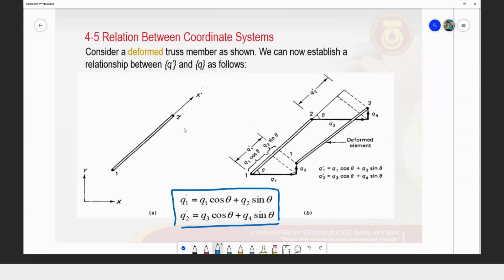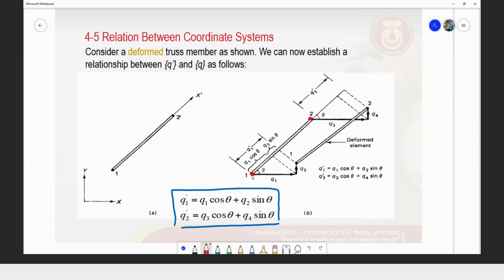Okay, kalau saya boleh explain sikit dekat sini. Let's say this is our truss member. Kita just ambil satu truss member. Sebelum dikenakan loading, dia duduk dekat situ je. Ataupun this is the original position of our truss member sebelum kita kenakan load. Then after we apply the load, then this is the deformation, we expect ada deformation in terms of displacement to nodes number 1 and nodes number 2.